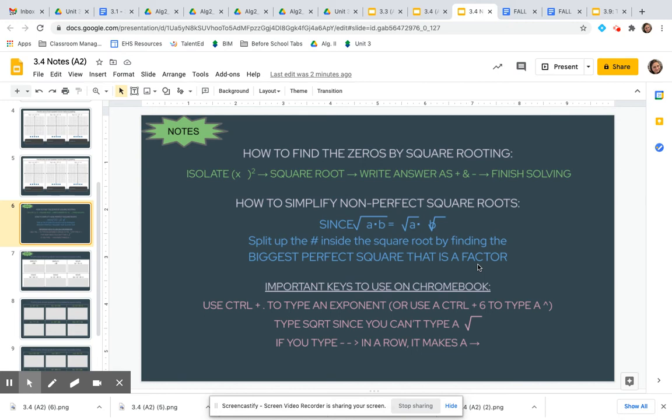Okay? Before I go on and do this, here are a couple of key things you can do on the Chromebook. If you hit Control period, you can type an exponent. That's what makes it go a little small up top. Or you can use Control 6 to type the little caret button. Either one of those is fine. And then we're just going to type SQRT for square root, since you can't type one of these.